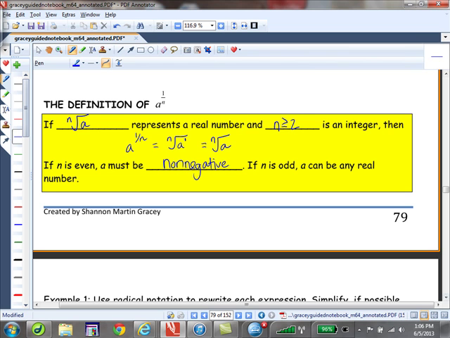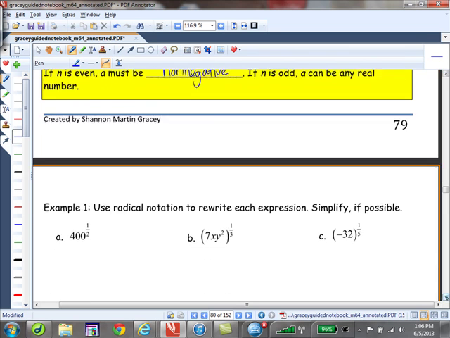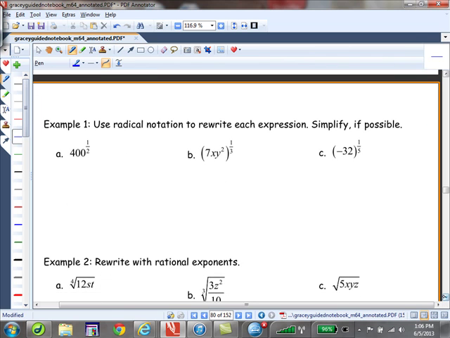So here's an example. We want to use radical notation to rewrite each expression. This one is going to be the square root. Remember, with square root, the index is implied, but we can go ahead and write it like this.